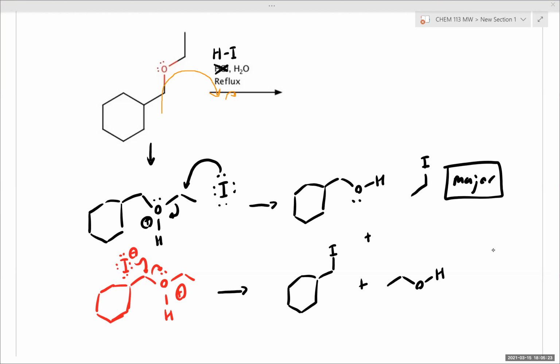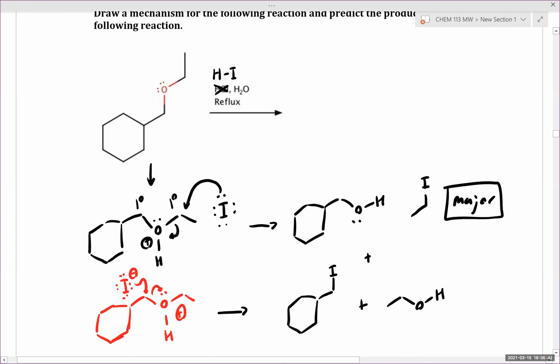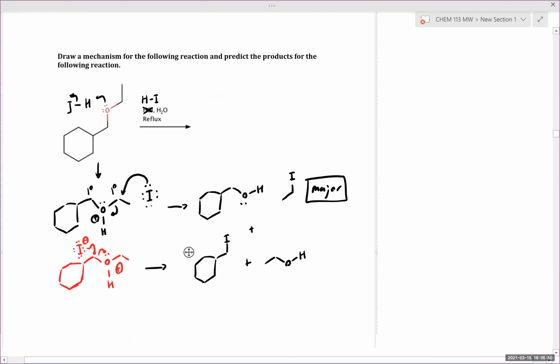Yeah, so one thing I want to correct, the student mentioned that these are secondary, but these are primary carbons. And that's part of why we see primarily SN2 pathways over SN1. Any other questions on this example?